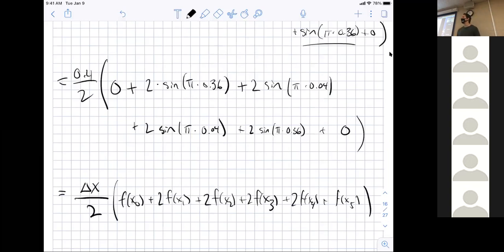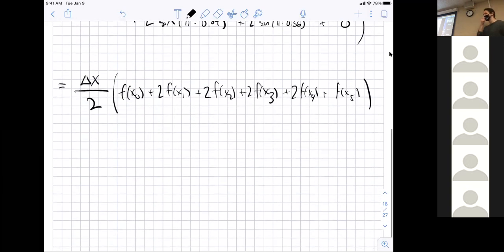Okay. This is for 5 trapezoids. This is the trapezoid rule for any function. It doesn't matter now that f is sine of pi times x squared. Given any function on the interval -1 to 1, this is what you would use as the trapezoid rule for 5 trapezoids.